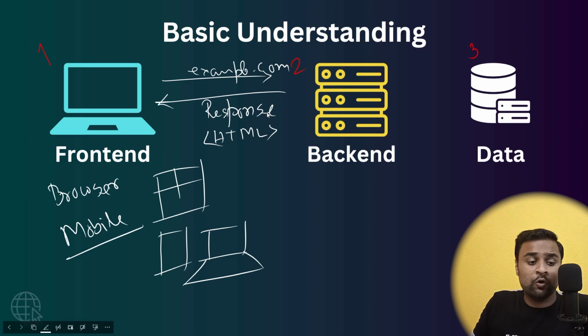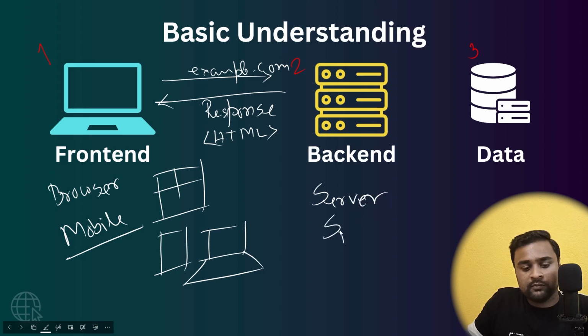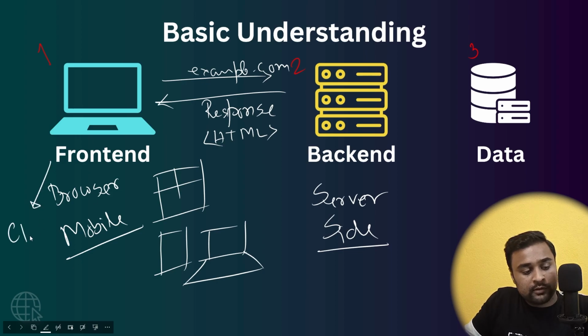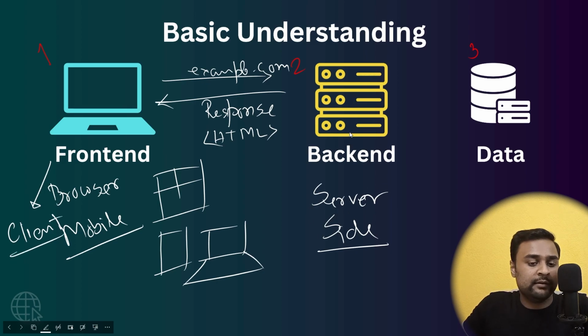Backend actually hosts the website for us. This backend is also called server. So the second name of this thing is server side. So front end is also called client side, and backend is also called server side. So server handles everything. Every request we are sending from front end, it handles.